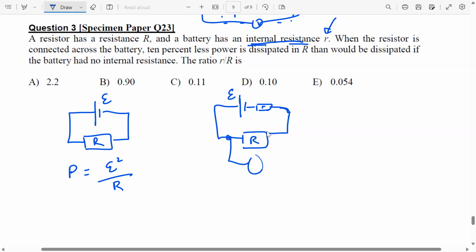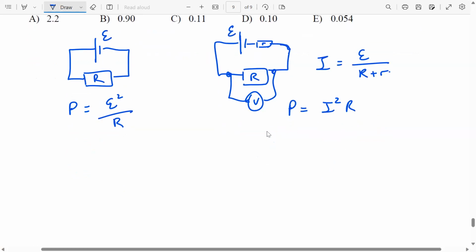Or we can use P equals IV. If it's I, it's going to be this, and the power dissipated equals I squared R, not IV, I squared R. So I squared R will be EMF squared over (R plus r) squared, times R.